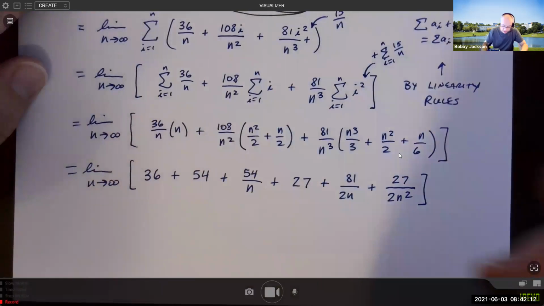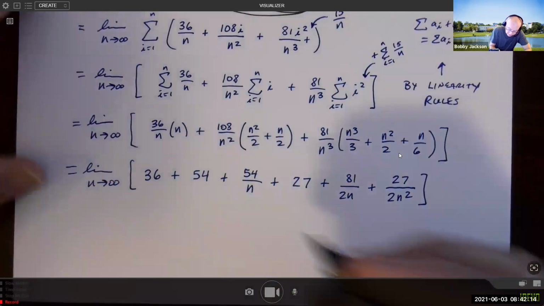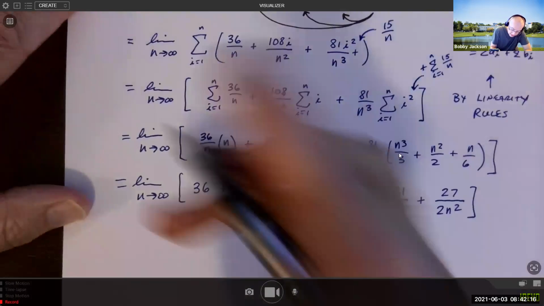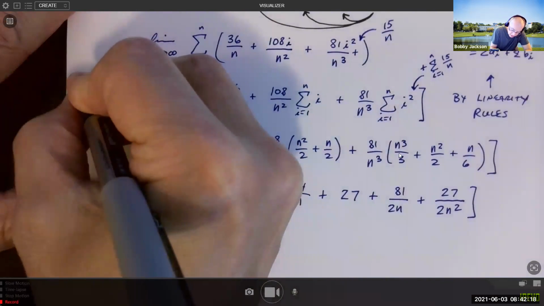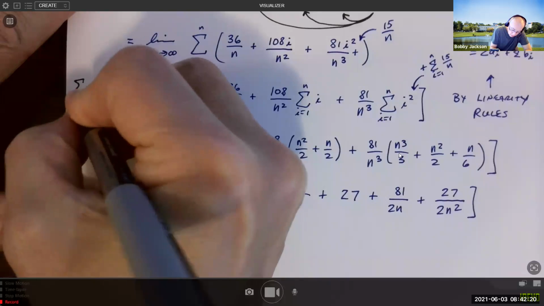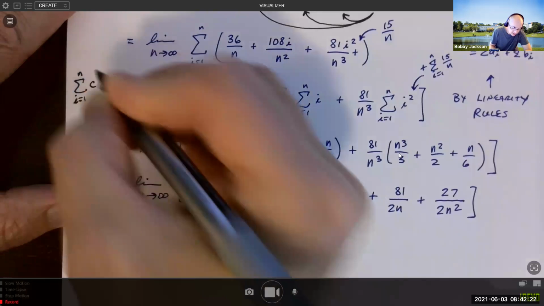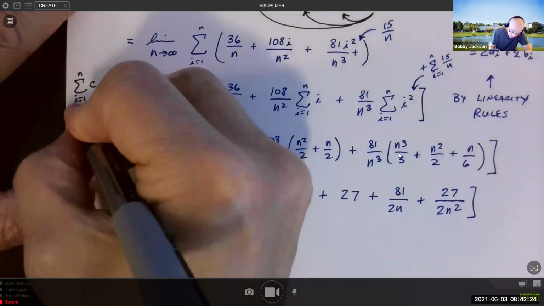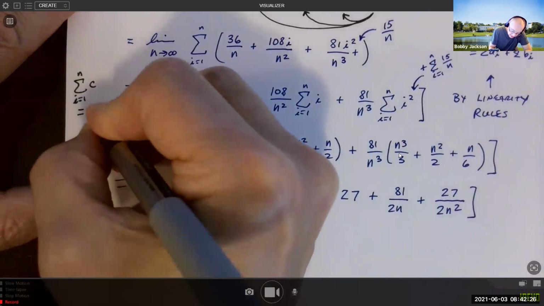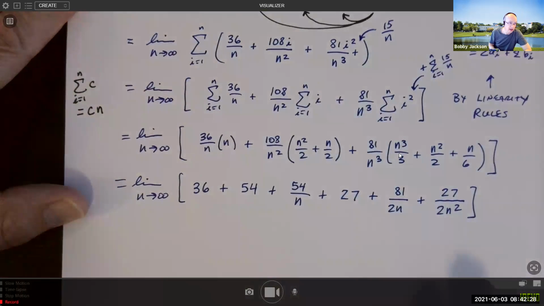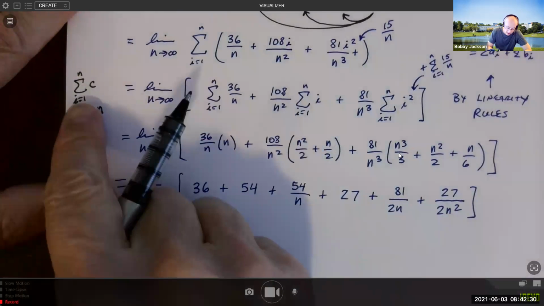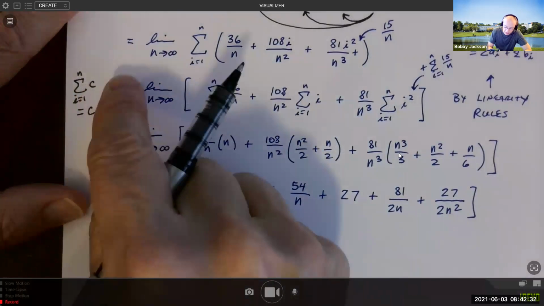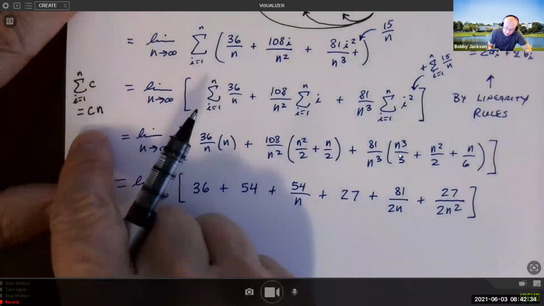So I'm going to make use of the following, and that is that the summation again of i equal 1 to n of any constant is equal to just the constant times n, or n times the constant, because this is just the constant plus itself n times, so it's n times the constant.